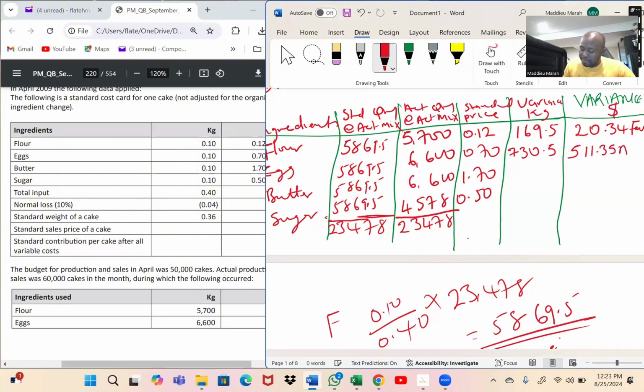This will be an adverse variance. We budgeted 5,869. Our actual result was 6,600. So it becomes an adverse variance. Okay. So what is the next one? 5,869.5 minus 6,600. The same. It's the same thing.